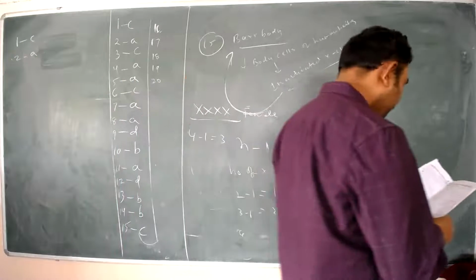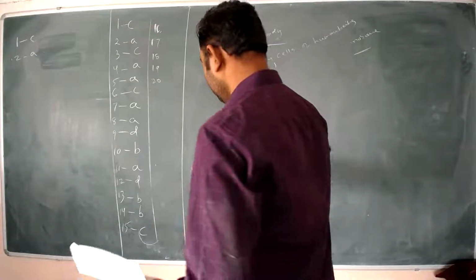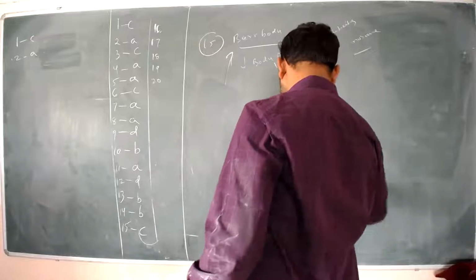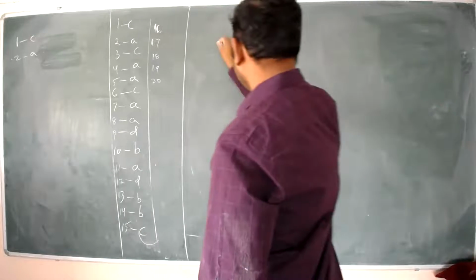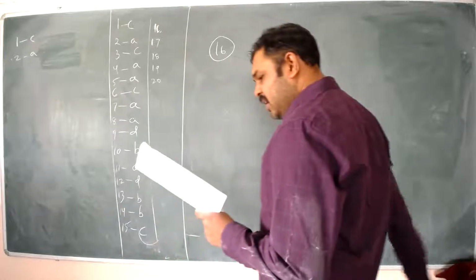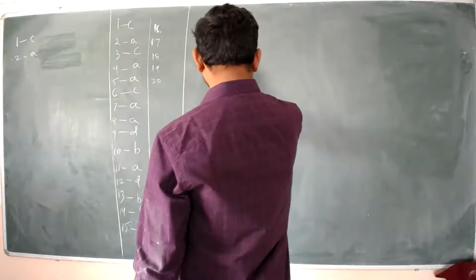And the 16th one. What is the 16th one here? Male XX, female XY sometimes occur.